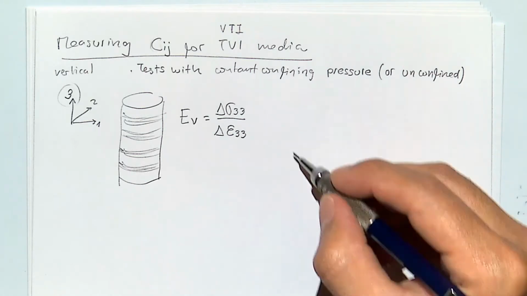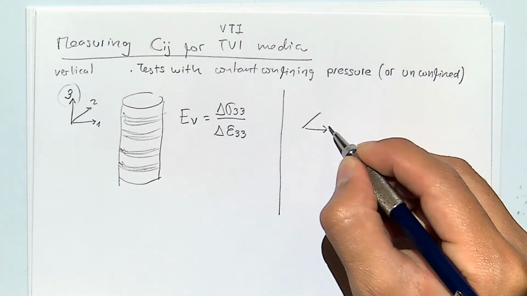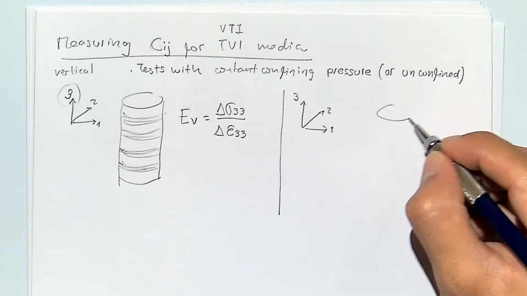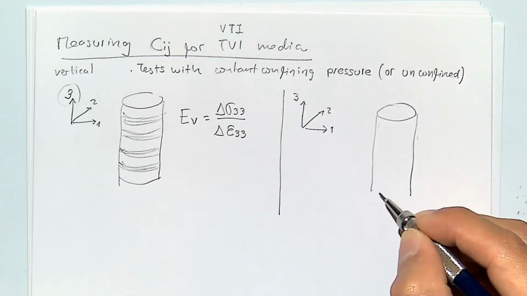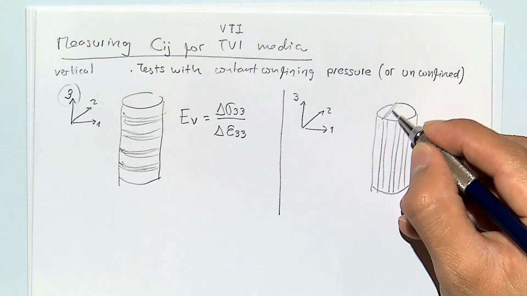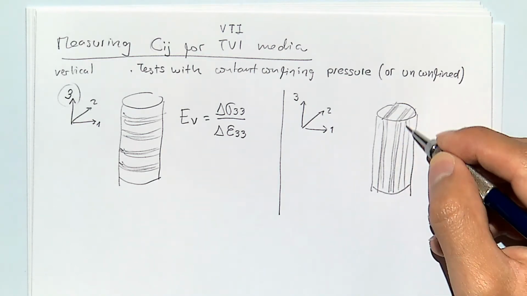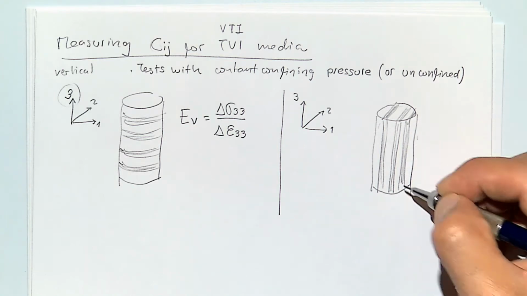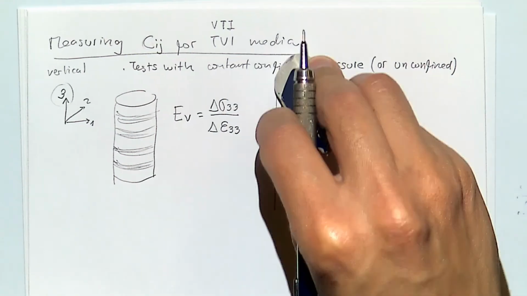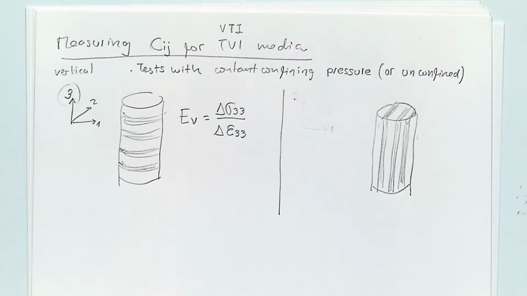Let's get a sample now in horizontal direction. I go to the coring room and now drill this rock in the horizontal direction, and I get a horizontal sample. Okay, wait. There's a mistake here. I need to rotate my coordinate axis. So 3 is vertical. Remember, 3 is vertical.